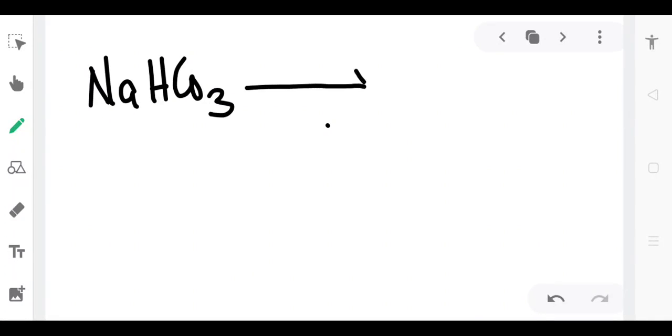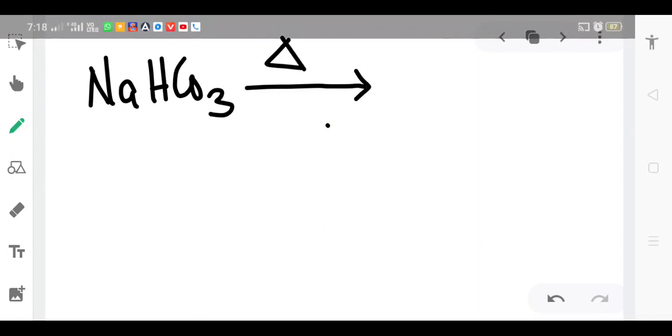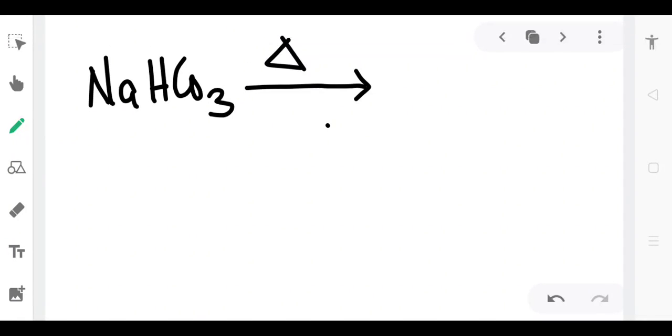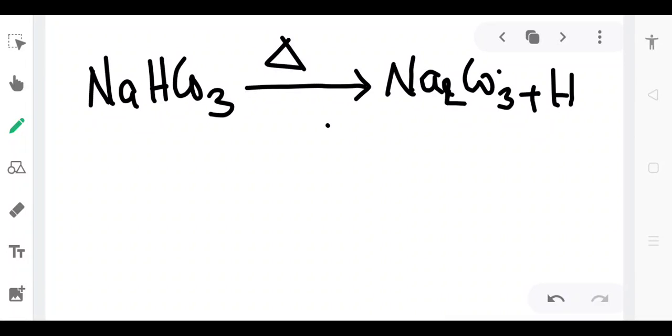When baking soda, NaHCO3, is heated, heating shown with the delta symbol above the arrow, it decomposes into sodium carbonate, Na2CO3, plus water plus carbon dioxide.